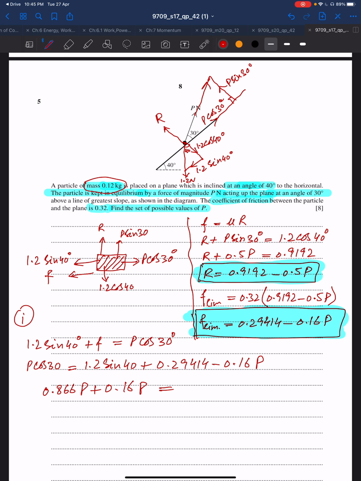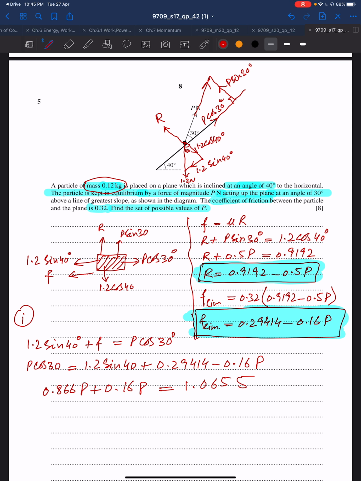And if you do the calculation on the right side, 1.2 sine of 40 plus 0.29414 is equal to 1.0655.